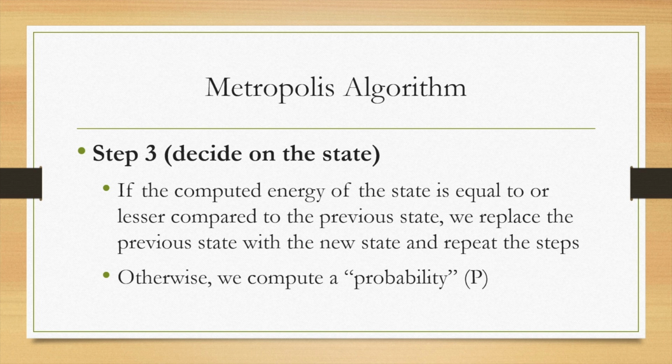So, it may happen that during the computation the overall system gets stuck in a local minima, and even if some change happens, that may not reflect that the system is moving towards a lower energy state. So, what we do there is we compute a probability of retaining the new state or discarding the new state.